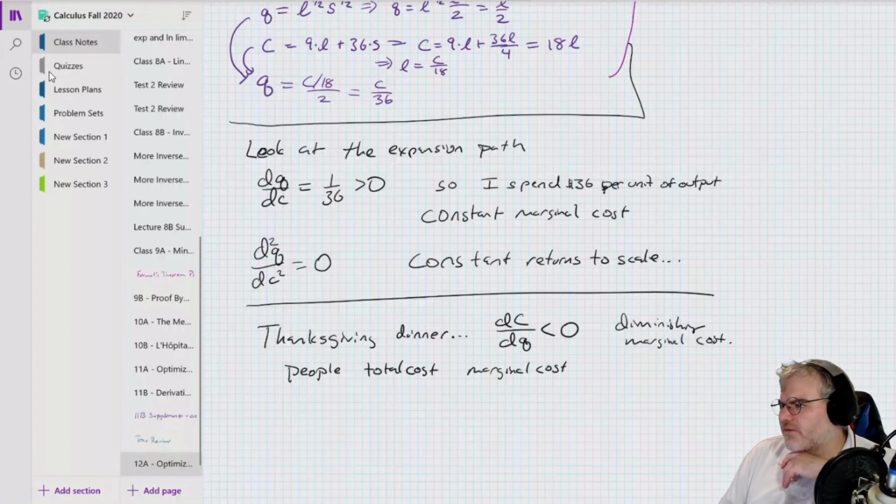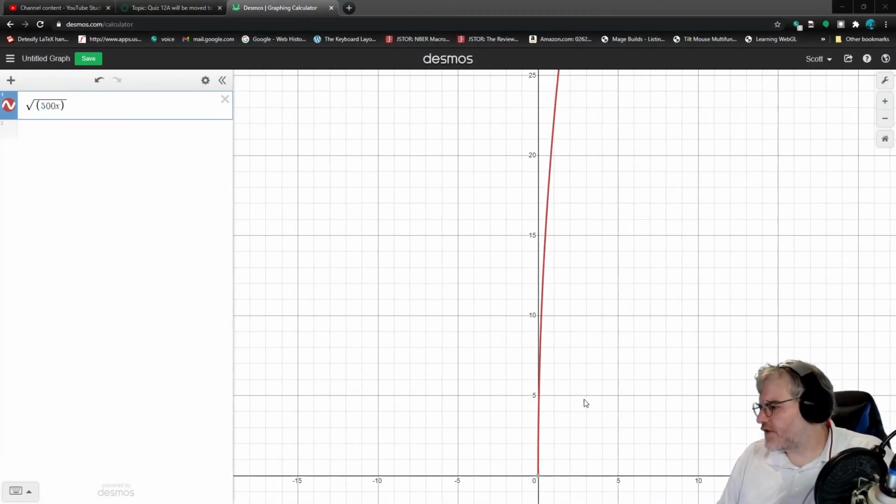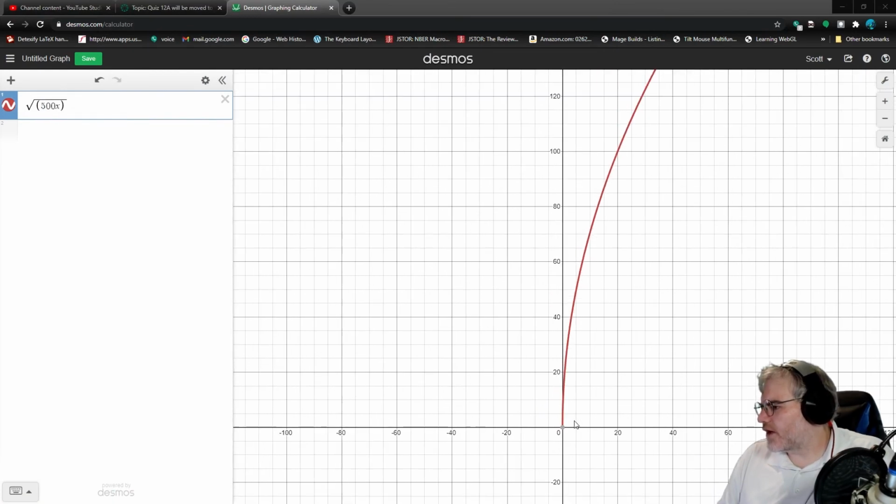So I want the square root of x times, let's see, if I do 20 plus 1, so the first person, the second person would cost me $6. No, I want more than that. You can't see what I'm doing here. So what I'm doing is trying to figure out a reasonable cost function for Thanksgiving dinner.